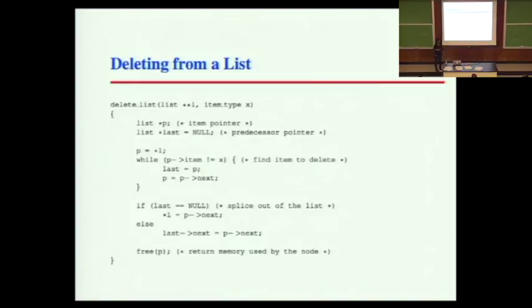Any questions on how to delete in a list? We're not going through the code, but we can if you want to. We can stare at this for a while and make sure we're okay with it.